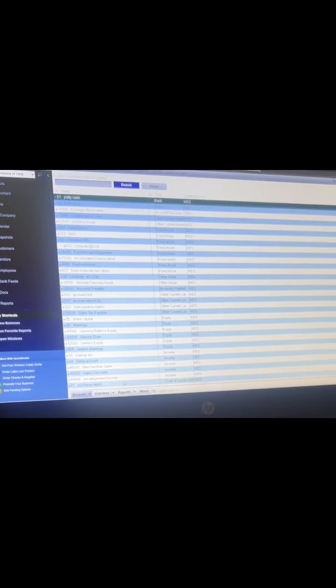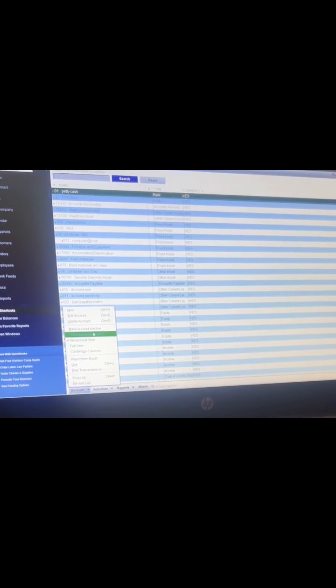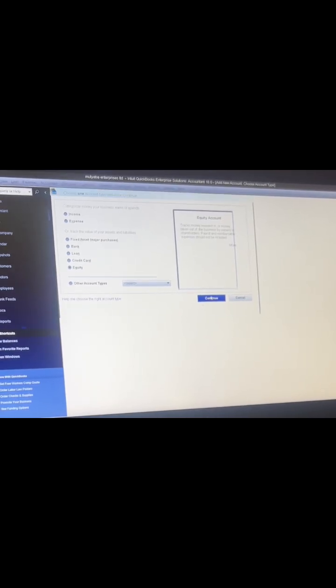So you go to the chart of accounts and create an account called drawings. You choose an account type. For drawings, it's equity. Then continue.